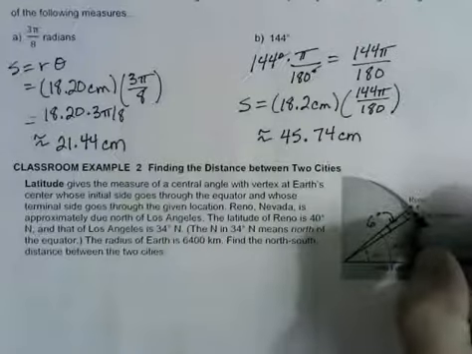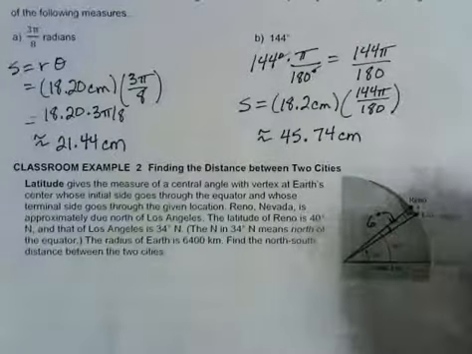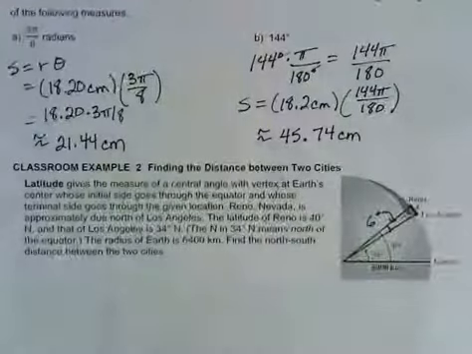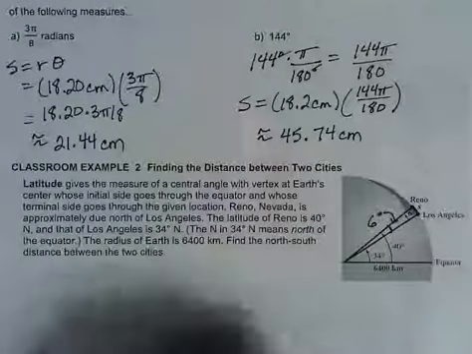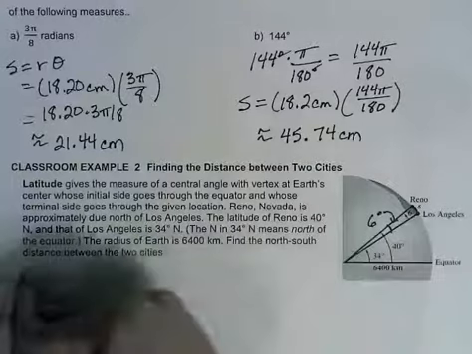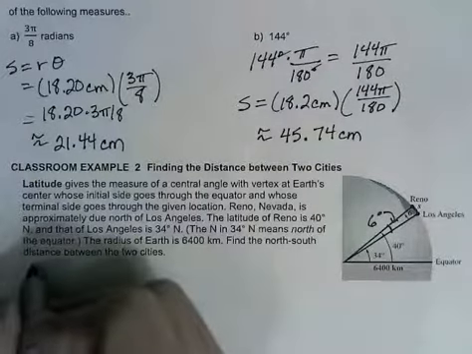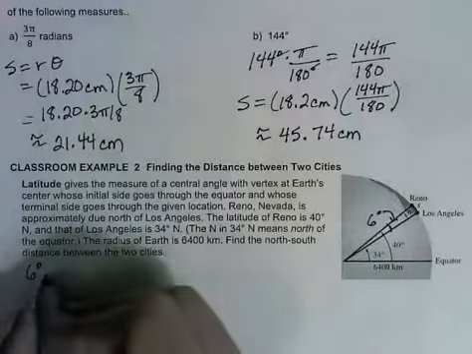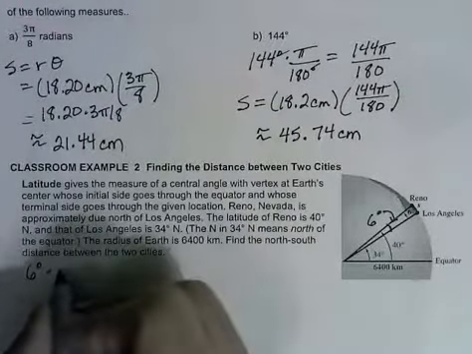What we really want to know is the distance along the circle, which is the outside of the Earth, from here to here. So really what we're looking for is the arc length. So we're going to take the distance between those two angles as our angle measure. That was in degrees, so we have to convert that to radians to use it in our formula.